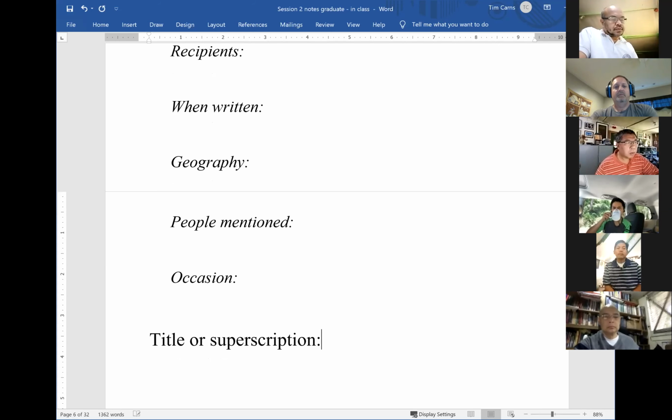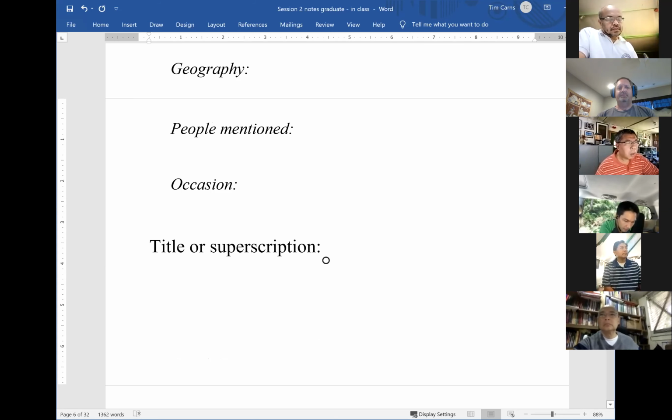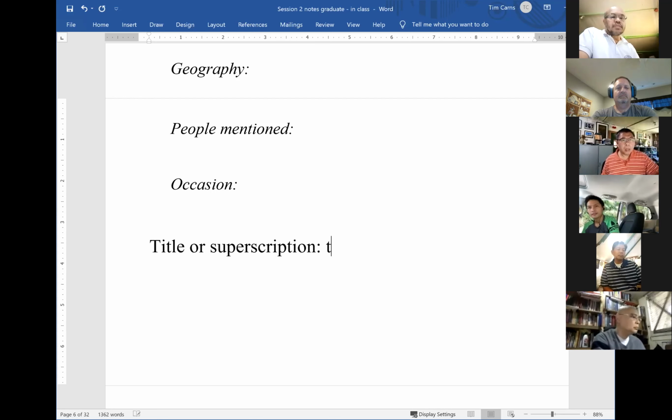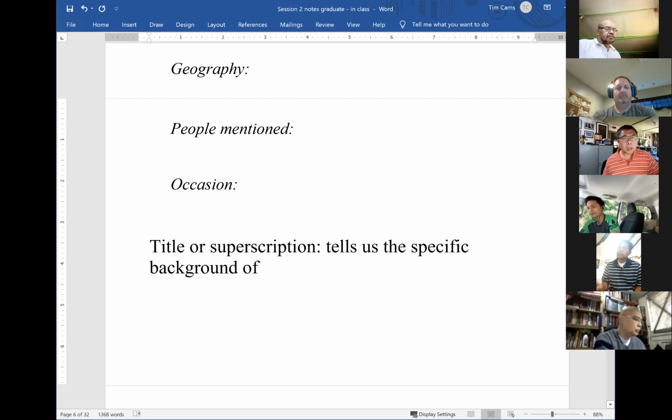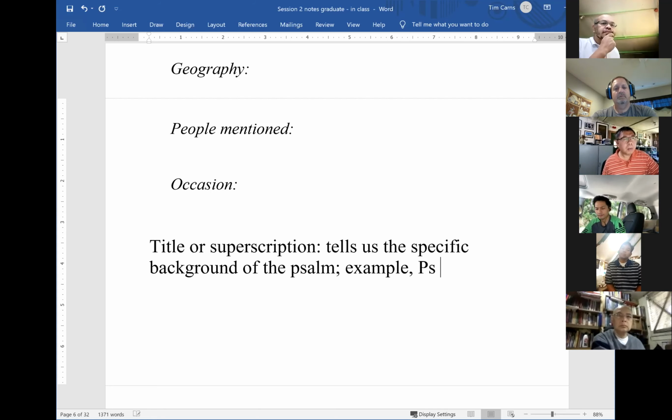Okay? And Brother Harris, when we say title of the psalm or superscription of the psalm, what are we talking about? Where do we find that? What is it? It tells us about the background of a particular psalm, Pastor Tim. Like, for example, Psalm 51, when after Nathan confronted David because of his sin, so it gives us the background context of a particular psalm.